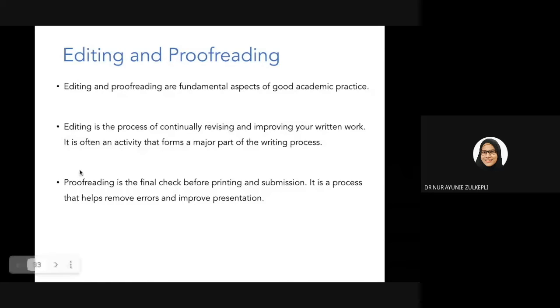This is done by your supervisors and your lecturers. Also for undergraduates, proofreading is done by your supervisor, especially for your DRP or thesis. For a standalone assignment, you do not have much editing or proofreading. Basically, you just submit. You yourself can do your own editing.